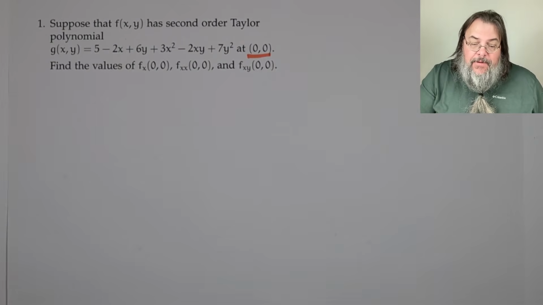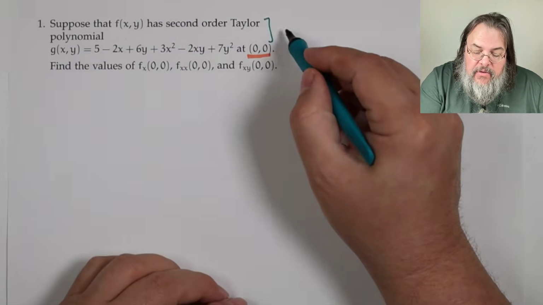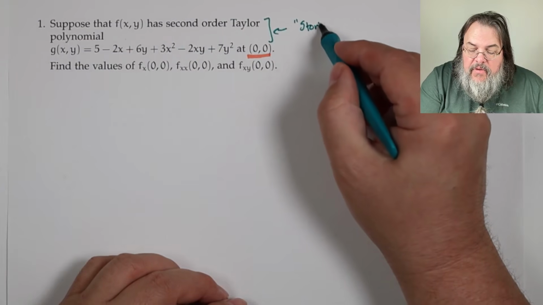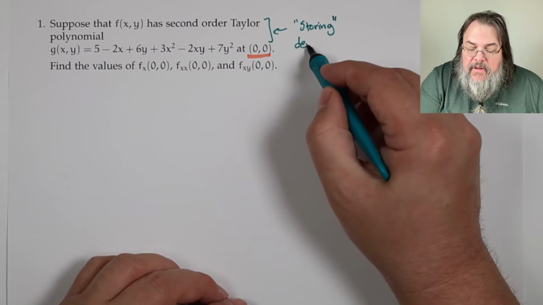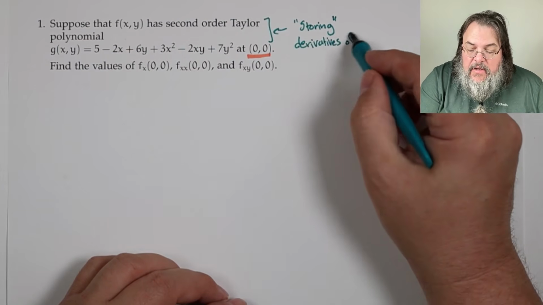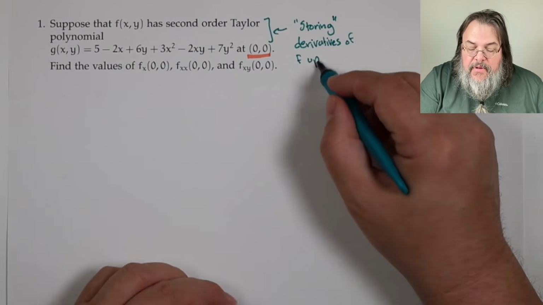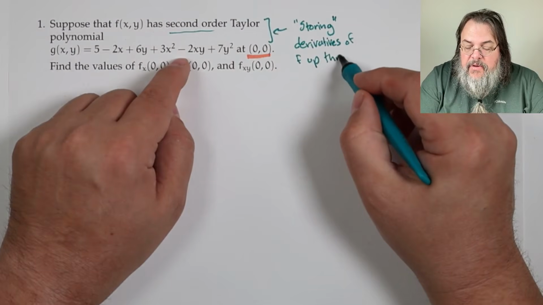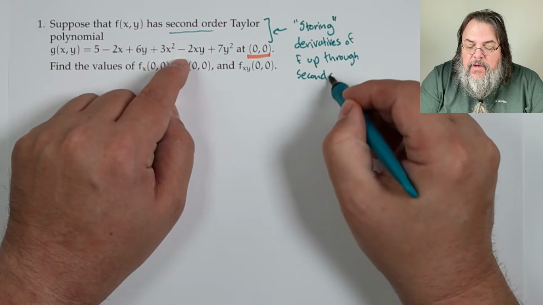This second order Taylor polynomial is storing the derivatives, in the sense that they all match. Not all the derivatives, of course, but up through second order. So we can do one of two things.